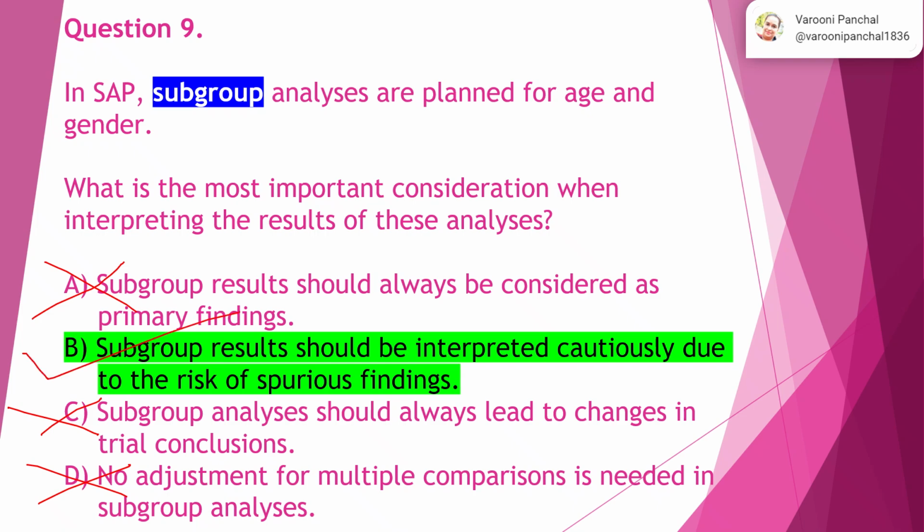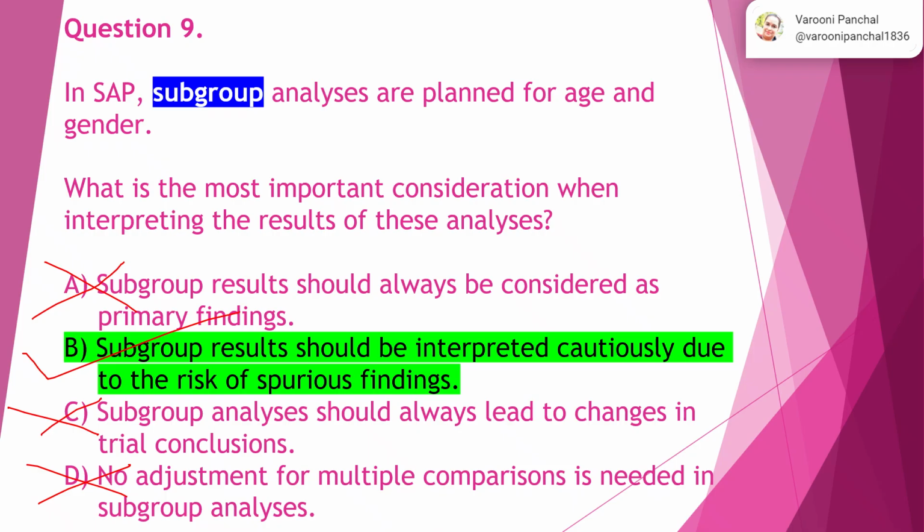Now, whenever you have any subgroup related to age or gender, whenever you are interpreting the results, you should ensure that the findings are appropriate. There should not be any mistake, and it should be checked for each and every value.